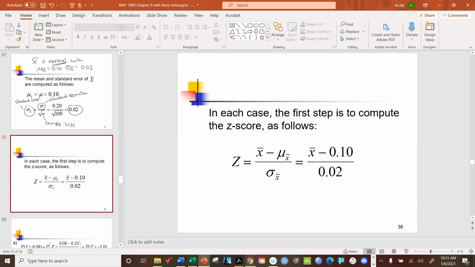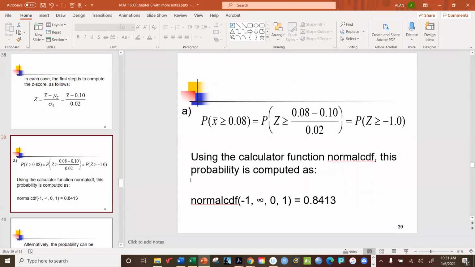So when it comes time to calculate the probability that the mean is above 8%, what we're actually doing is the equivalent of asking what's the probability that z is greater than or equal to -1 after subtracting the mean and dividing by the standard error. Okay, so in other words, in this distribution, remember the mean is 10.